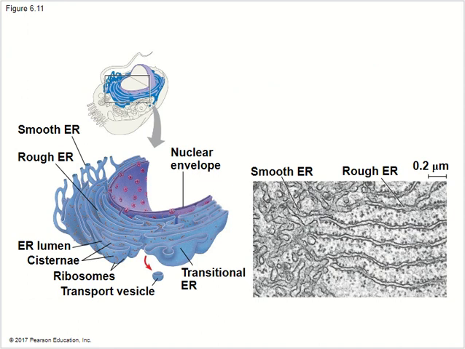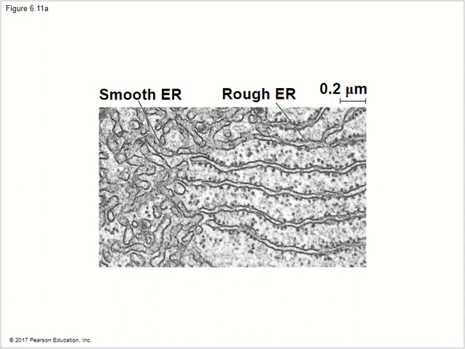Essentially, portions of it can come off as vesicles or transport vesicles, which are used to carry material between different organelles.